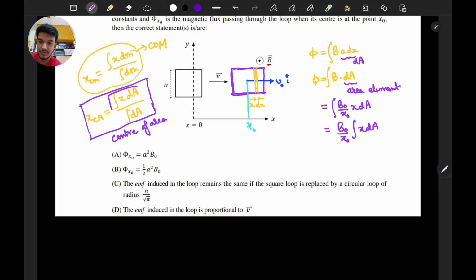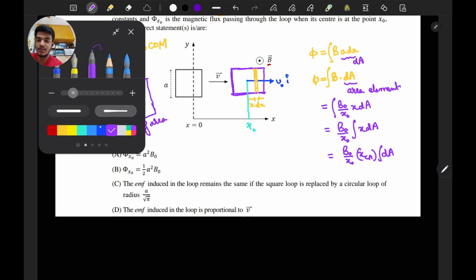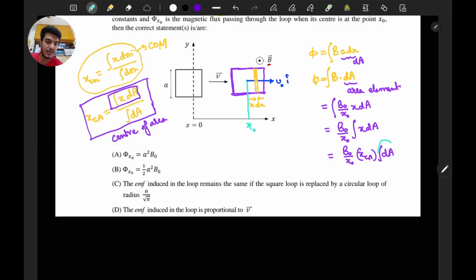I can substitute this x dA term with x center of area times integral dA, which is the total area of the shape. So we didn't have to do this integration at all, and we get an expression which is general for any kind of body, any kind of shape that we are given in the form of a loop.